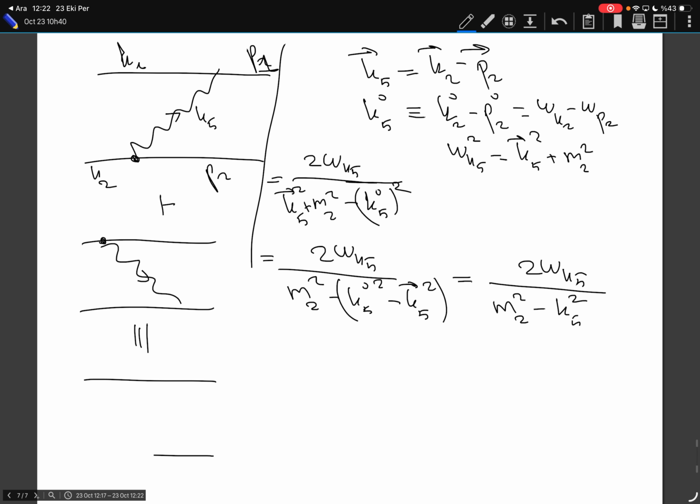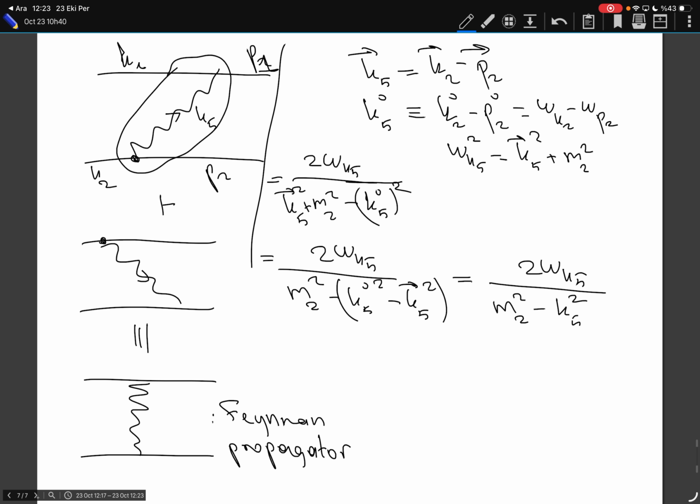I will have what we will usually draw like this. One is not before the other one. This is what is called the Feynman propagator. It is basically the sum of those two propagators, this one and this one.